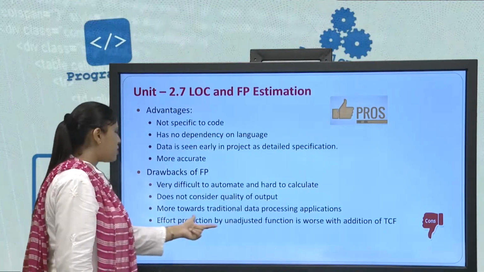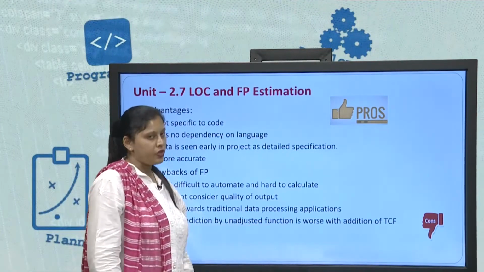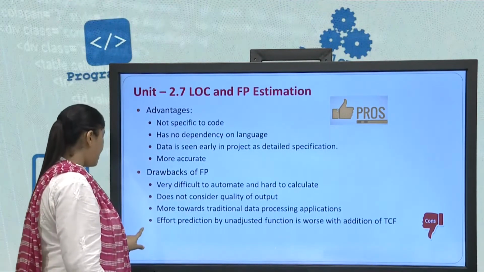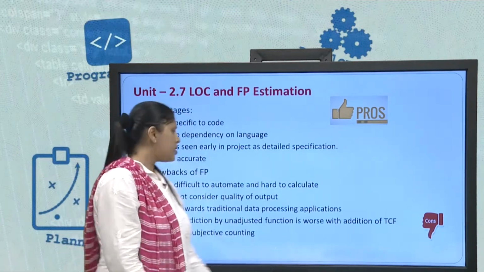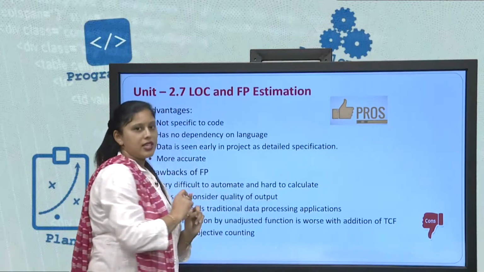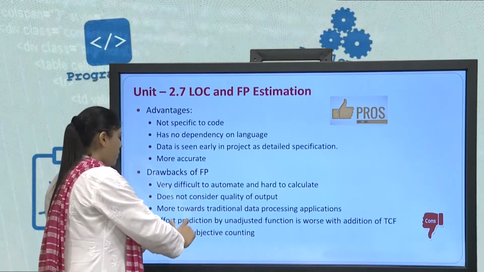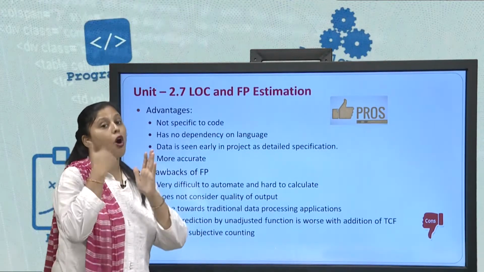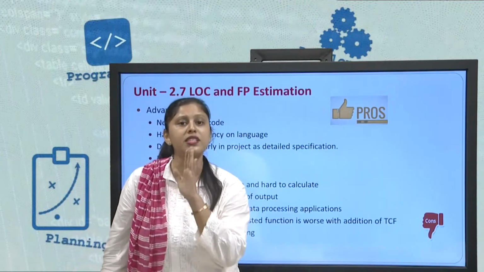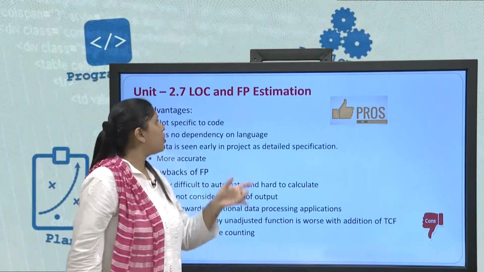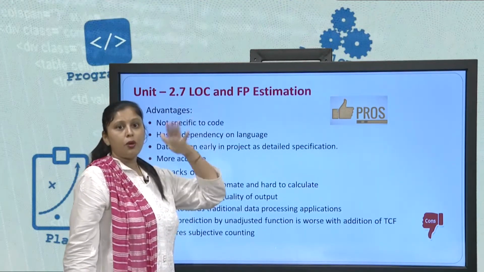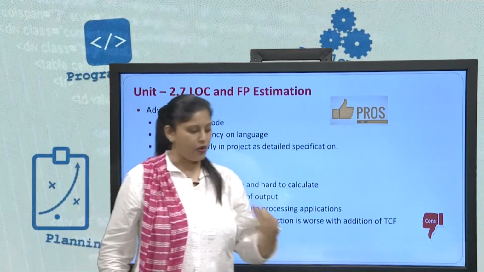And lastly, it requires subjective counting. Because it is following traditional data processing applications, it requires a very subjective counting of all the functionalities. You do not have to miss any single functionality, because it is on the basis of functionality that your metrics will be counted, your particular cost of your software is counted, right.